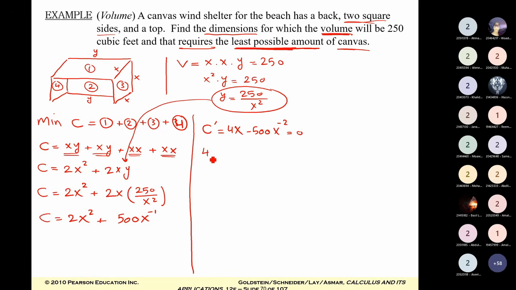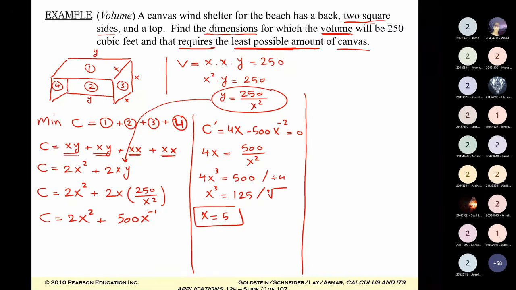Now we have 4x equals 500 over x square. So we have 4x to the power 3 equals 500. By dividing by 4, we have x to the power 3 equals 125. Take the cube root, x equals 5. So must be x equals 5.